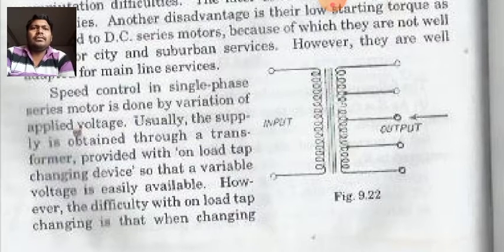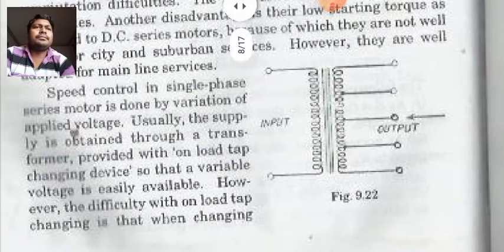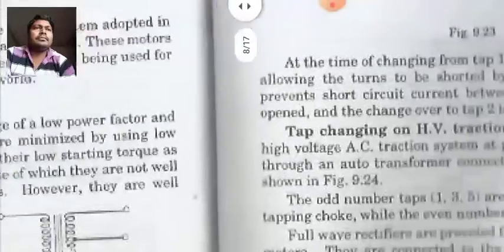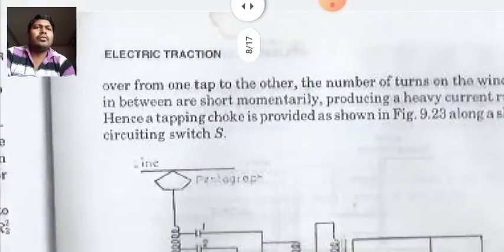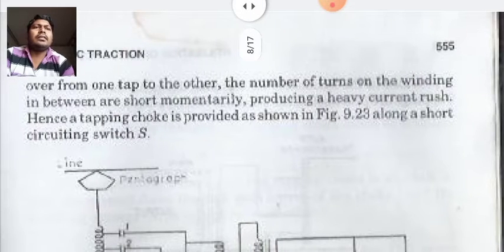However, the difficulty with on load tap changing is that when changing over from one tap to the other, the number of turns of the winding in between are short circuited momentarily, producing a heavy current rush.